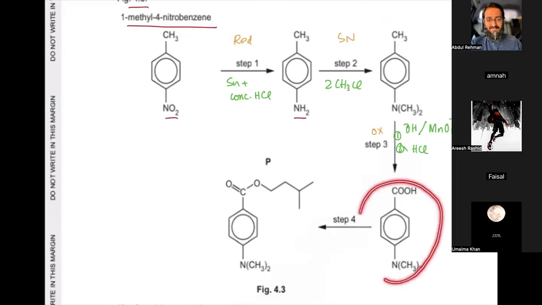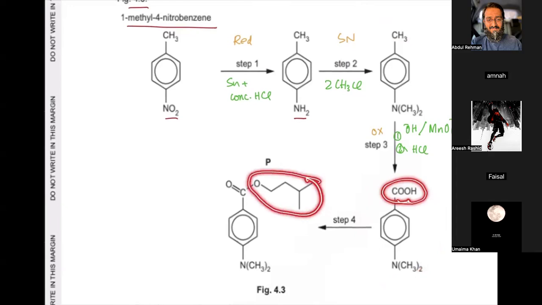Then in step 4, if you see, this carboxylic acid got an alkyl chain. So it's a condensation reaction. It's an esterification, right? Condensation. And for condensation, sulfuric acid is a catalyst.